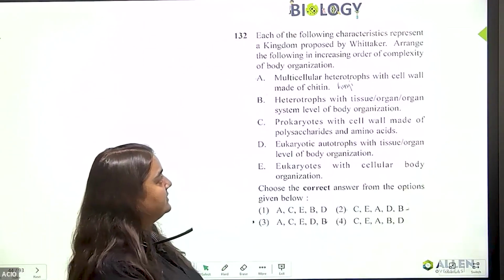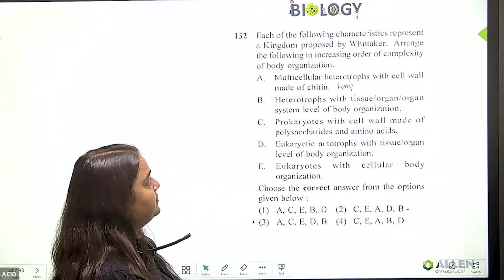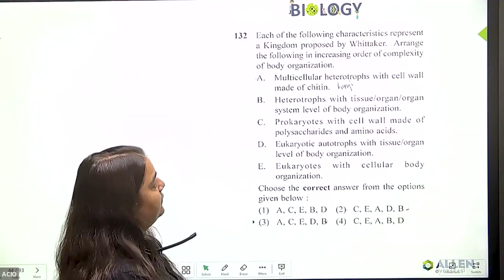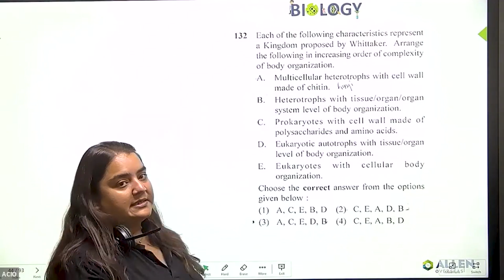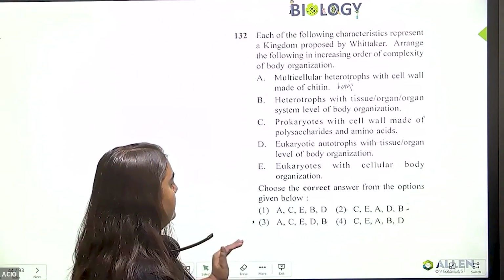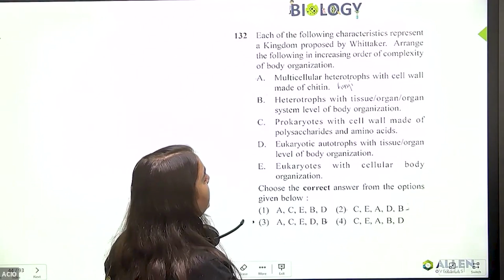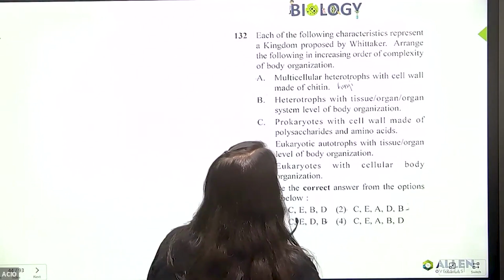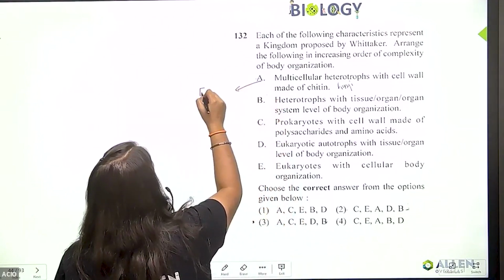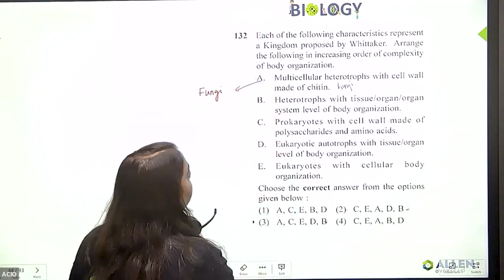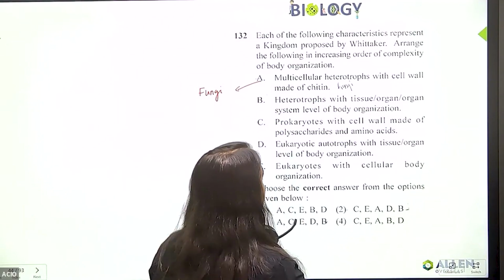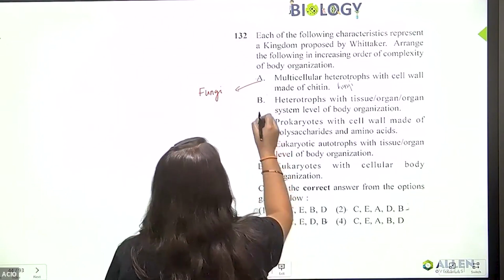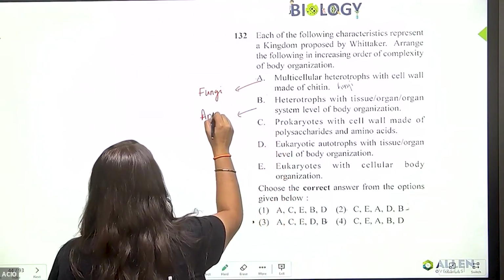Which of the following characteristics represents a kingdom proposed by R.H. Whittaker? Arrange the following in increasing order of complexity. Let's find out what is what organism. Multicellular heterotrophs with cell wall made up of chitin. This is your fungi. Then heterotrophs with tissue organ system level of organization. That's for sure an animal.